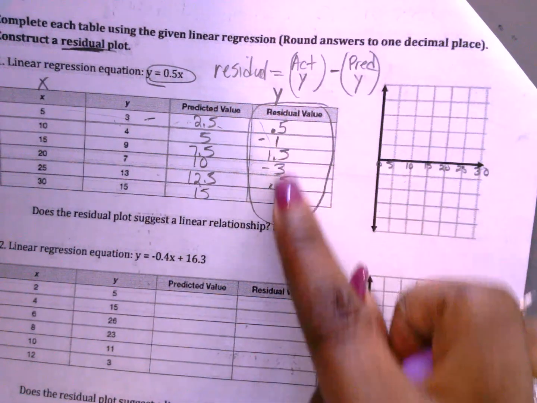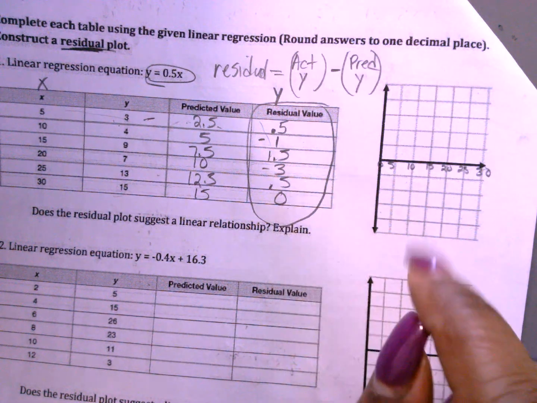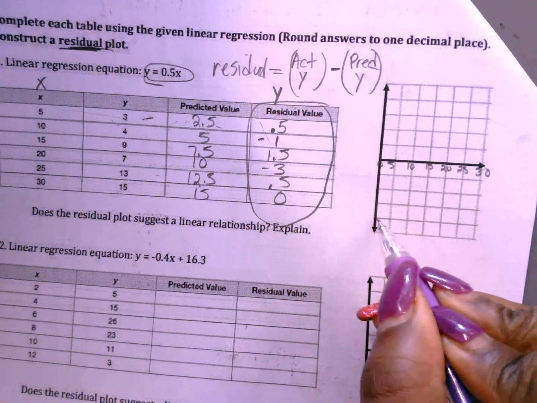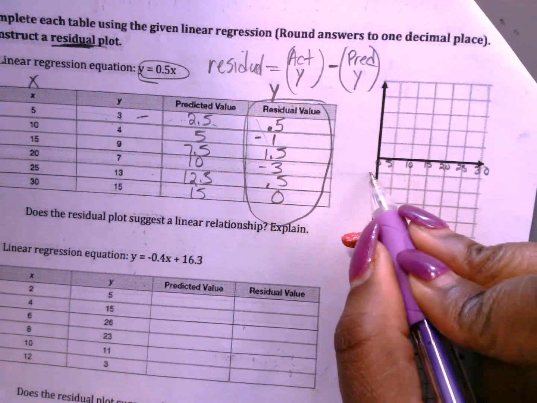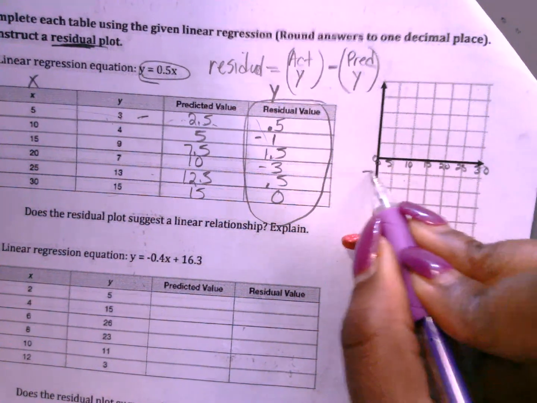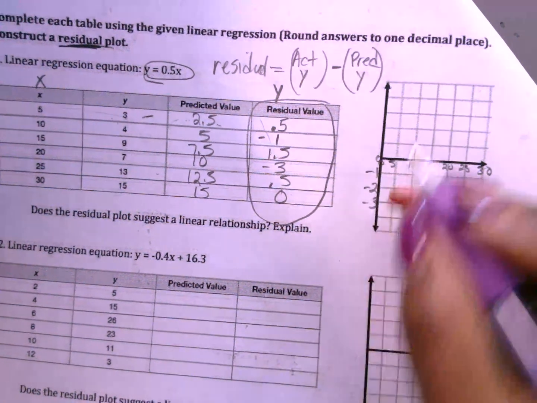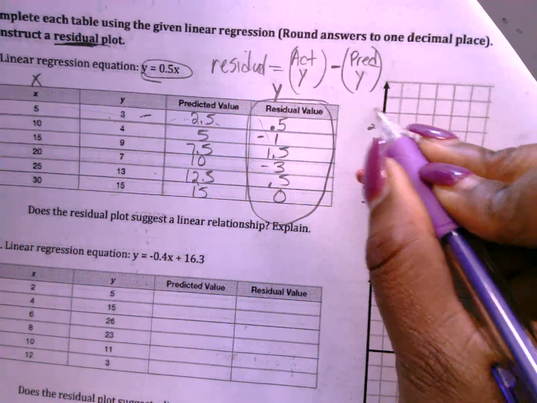The lowest value is a negative 3, so we're going to go down. This is 0, negative 1, negative 2, negative 3. Then this is positive 1, positive 2, positive 3.